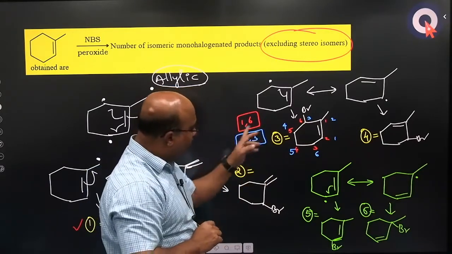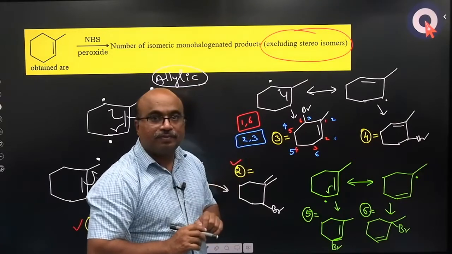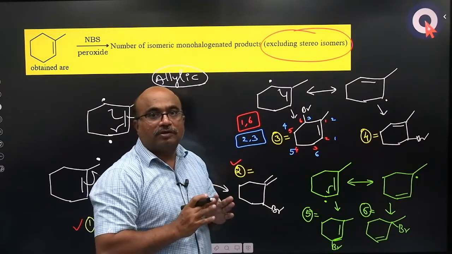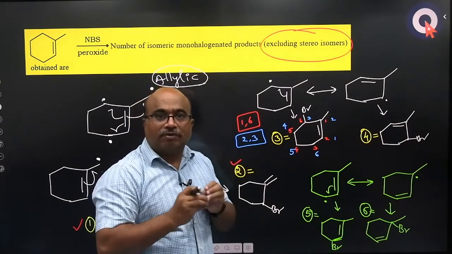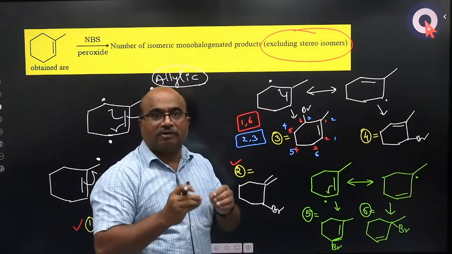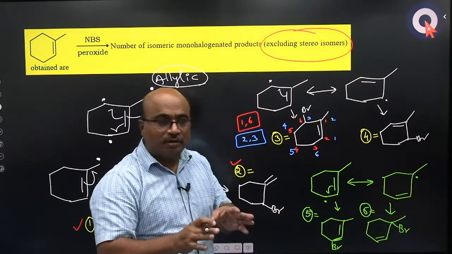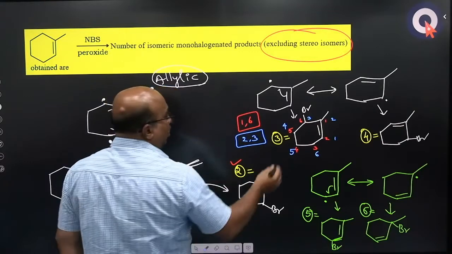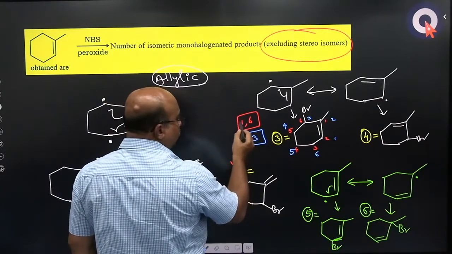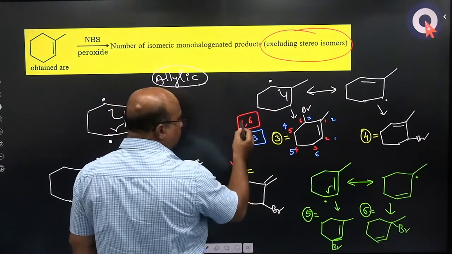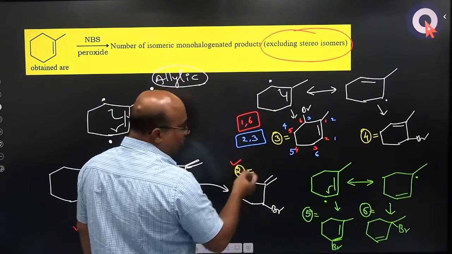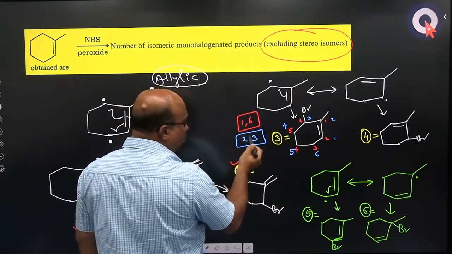Is 1, 6 correct or is 2, 3 correct for us? It is the least locant set rule that we follow in the IUPAC system. For your substituent positions, the first point of difference with the least number is the correct one. So 1 and 6 is correct, not 2 and 3.